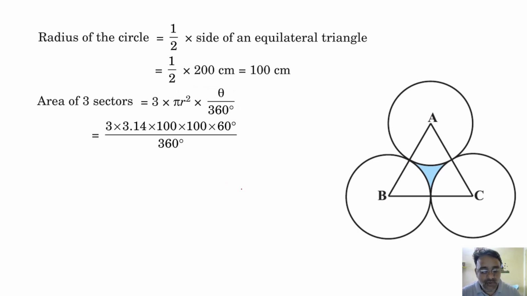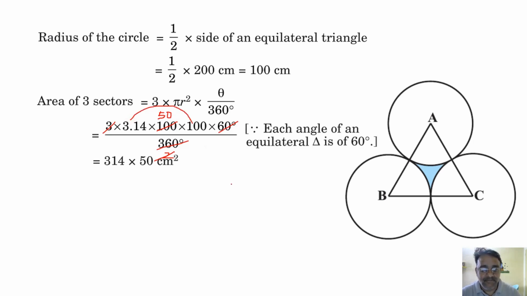Now let us do a little calculation here. 3 into 60 is 180, so dividing, 2 will come, and 1 2 we can cancel here, so we'll get 50. So we'll get 314 into 50, that is 15,700 centimeter square. So area of three sectors we got.